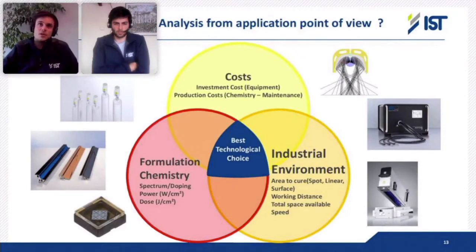At ICMS, if we identify this crossed area between the three circles, we will be able to propose the right technology that will suit perfectly the needs of the selected application. This is the way we approach a UV curing application.